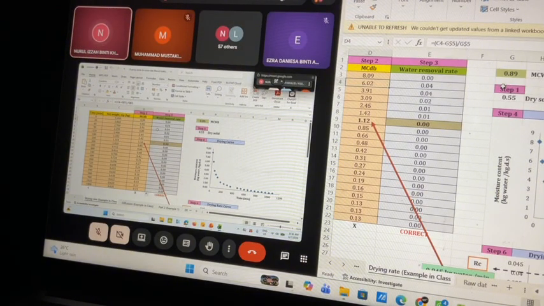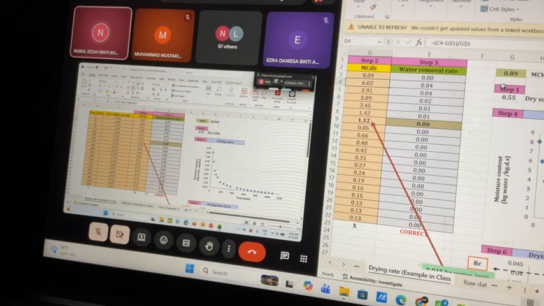Okay, and then to calculate the water removal rate here, the first one definitely has no water removal, so you only have to put 0. But for this one, you have to do it like this: 5 minus 3.86 divided by 30 minus 0.